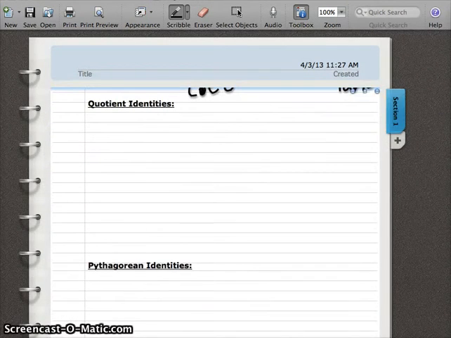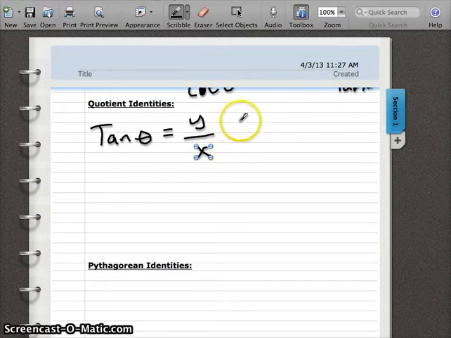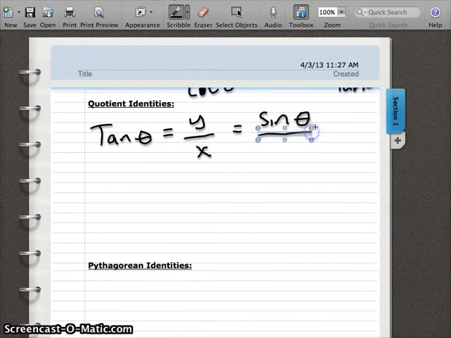We have a couple more here. They're called quotient identities because we set up a ratio, or two things being divided. You may know that tangent is the ratio of y over x. Well, if we apply that to trigonometry, we know that a y value is sine of an angle, and an x coordinate is cosine of an angle.